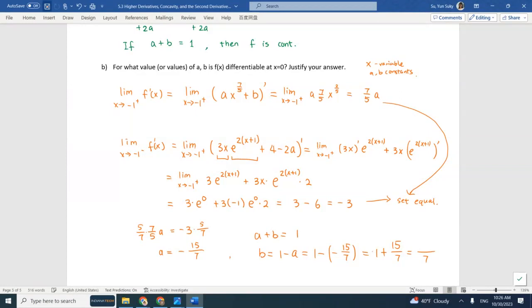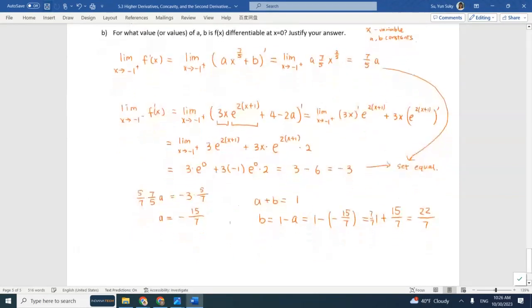So 1 is like you multiply by 7 and you divide it by 7. Yes. So 7 plus 15 is 22 over 7. Yes. Good.